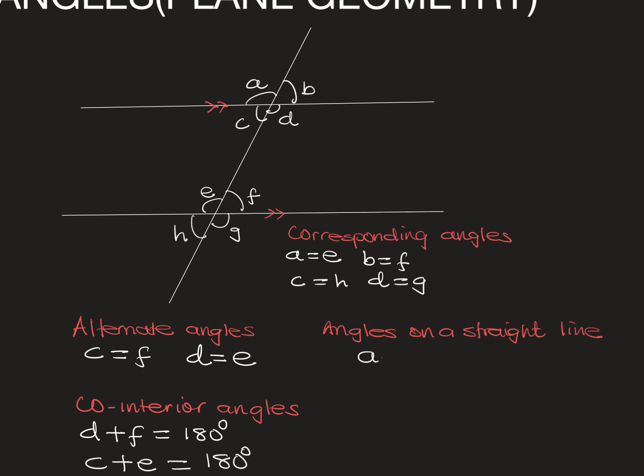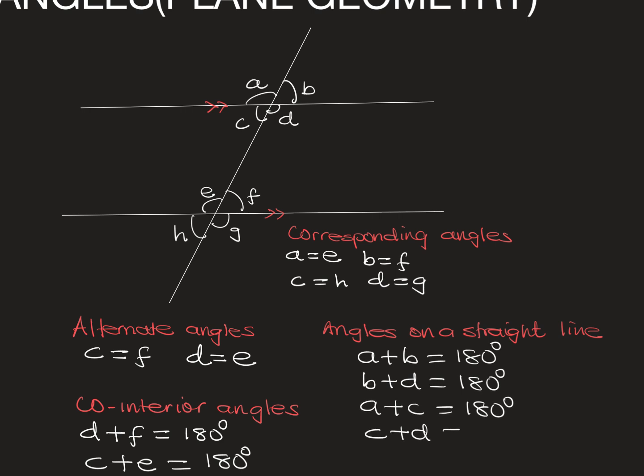So we can say A plus B is equal to 180 degrees, B plus D is equal to 180 degrees, A plus C is equal to 180 degrees, as well as C plus D is also equal to 180 degrees.